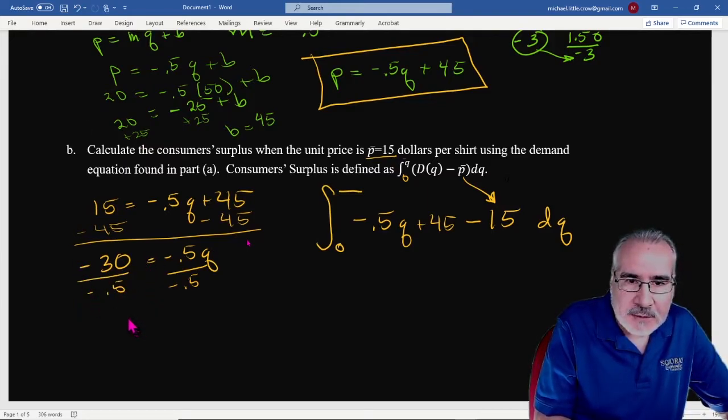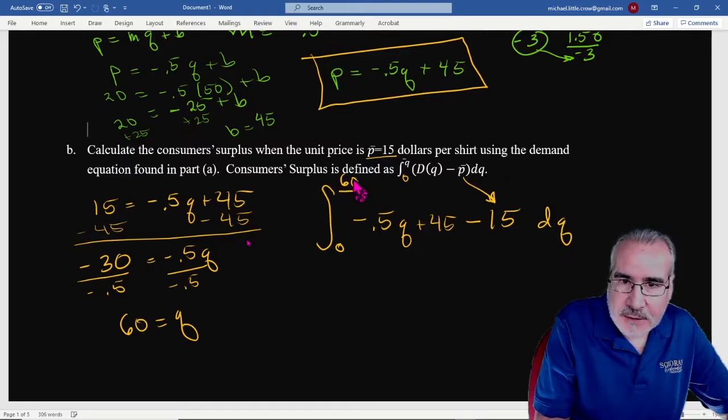Negative is positive. We're going to get 60 for our Q. So we go from 0 to 60.